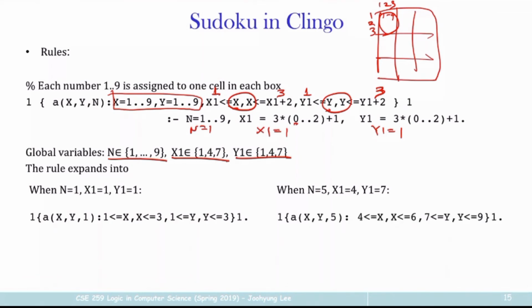It will be instantiated since x1 is 4, so x will range over 4, 5, 6. Y1 is 7, then 7, 8, 9, so y will be ranging over 7 to 9. So that will be 4, 5, 6, 7, 8, 9, this box.